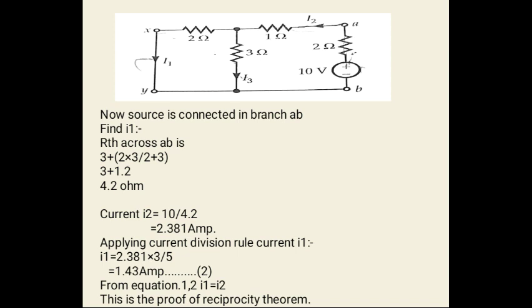Now applying the current division rule, the value of current I1 is 2.381 into 3 upon 5, that is 1.43 ampere. Equation number 2. Now we compare equations 1 and 2, and we see that I1 is equal to I2. So this is the proof of the reciprocity theorem.